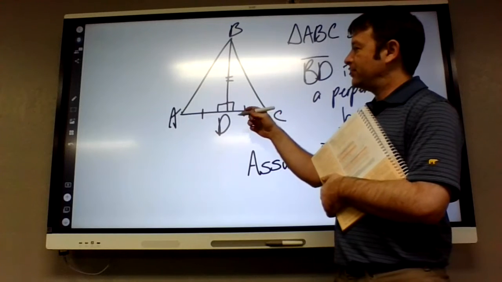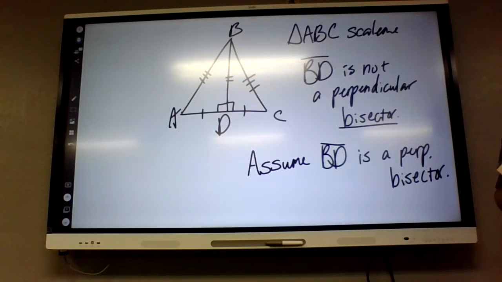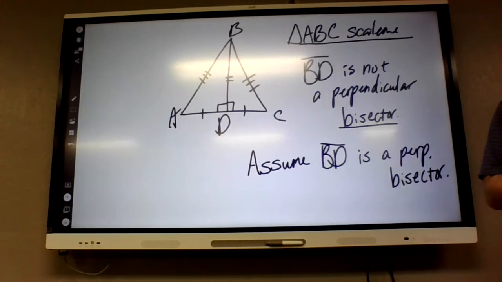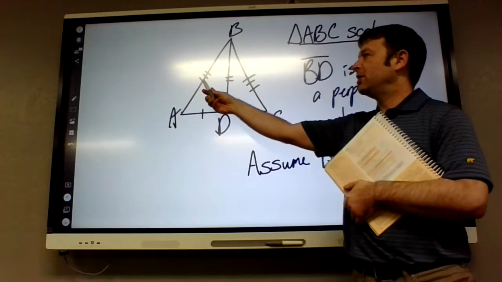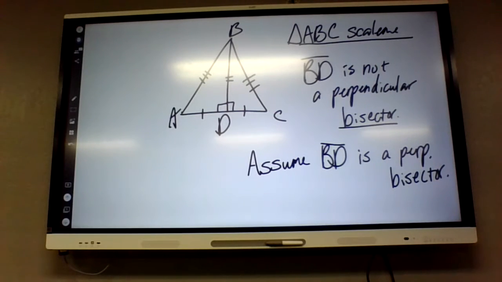And if those two triangles are congruent, why do I know that AB and BC are congruent? Yes, because they're corresponding parts of congruent triangles. And why is that a problem? Because ABC is supposed to be scalene. Is this scalene? No. That's two equal sides in the big triangle. So, that's a contradiction to what I know must be true, therefore my assumption is false, that it's perpendicular. Therefore, it must not be a perpendicular bisector.